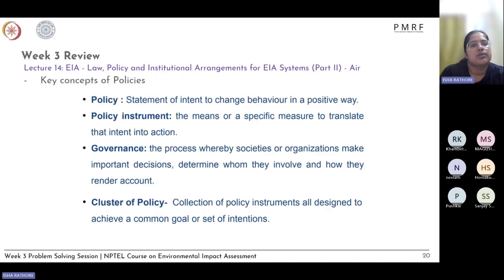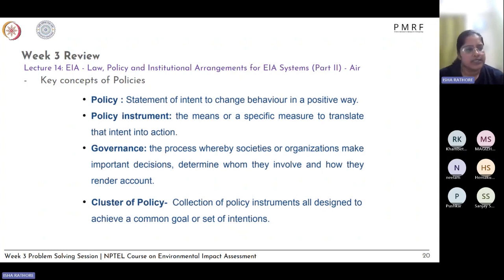So, moving on to lecture 14, we looked at law, policy, and institutional arrangements in terms of EIA systems. This is part two of lecture 13, where we looked at general statements. Here we have key concepts of policy: the definitions of policy, policy instrument, governance, and cluster of policy.